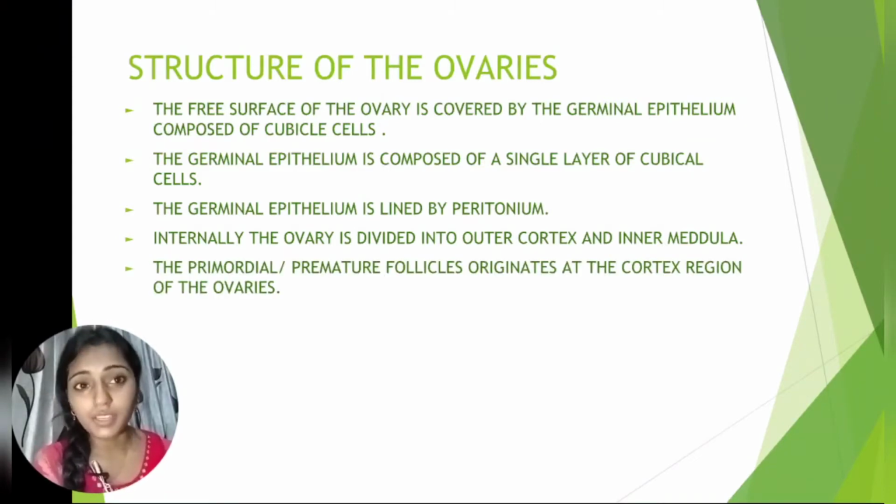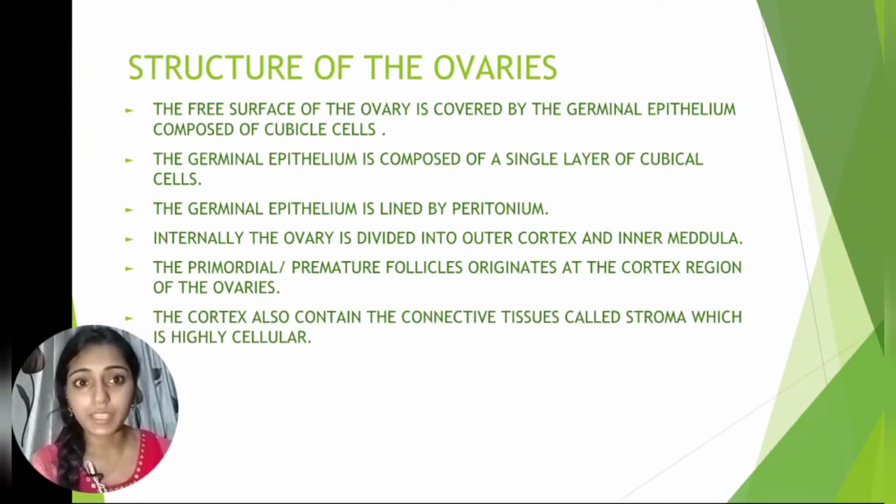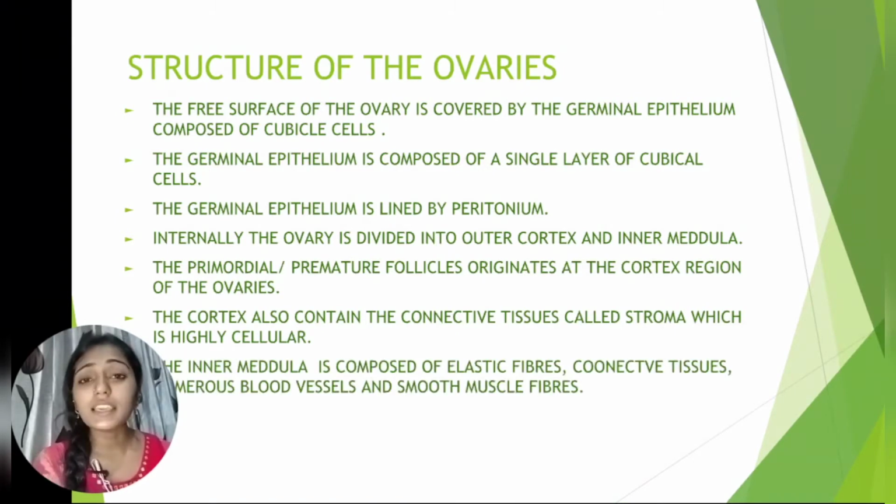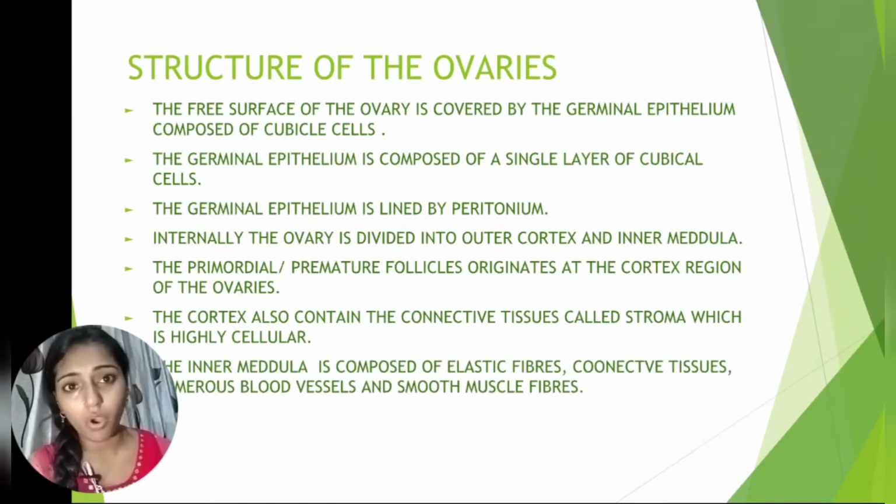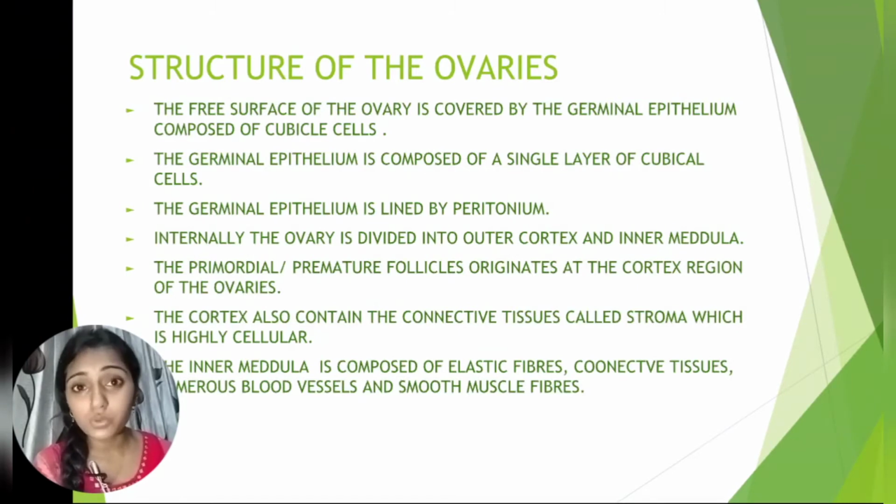The primordial or premature follicles originate in the cortex region of the ovaries. The cortex also contains connective tissue called stroma, which is highly cellular. The inner medulla is composed of elastic fibers, connective tissue, and numerous blood vessels and smooth muscle fibers.